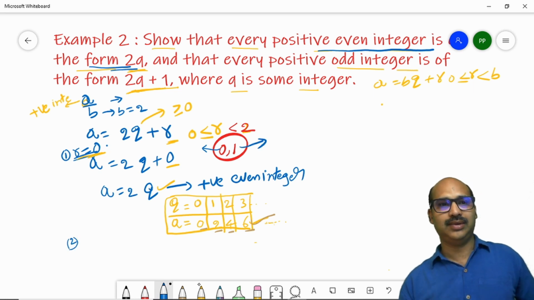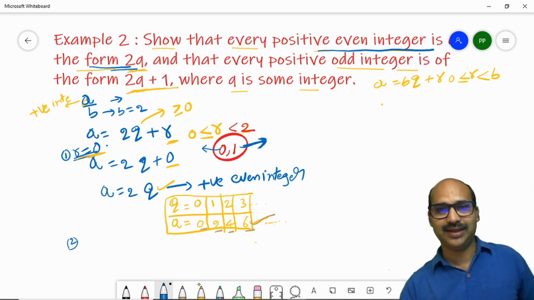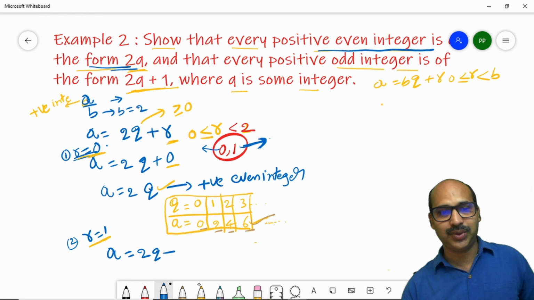Now what is the other case? r is equal to 1 is the other case. Now let us consider r is equal to 1. This is another case. If the remainder is equal to 1, then a is equal to 2q plus 1.